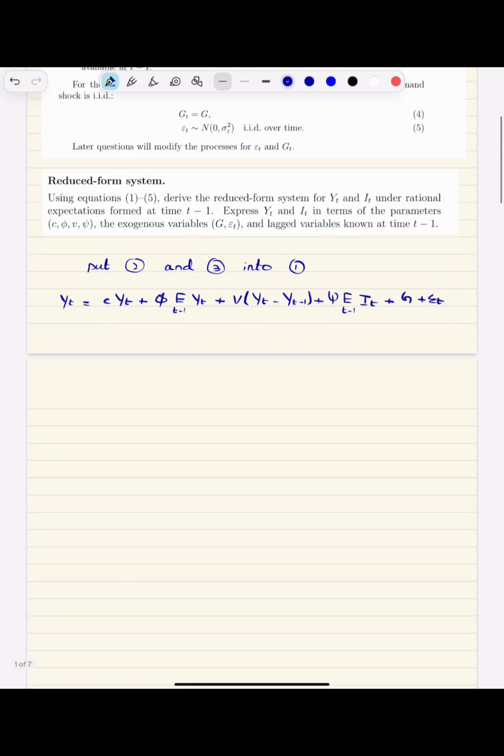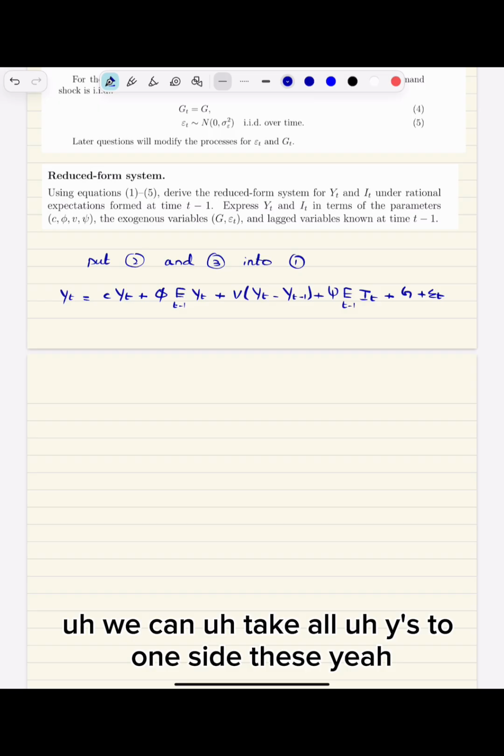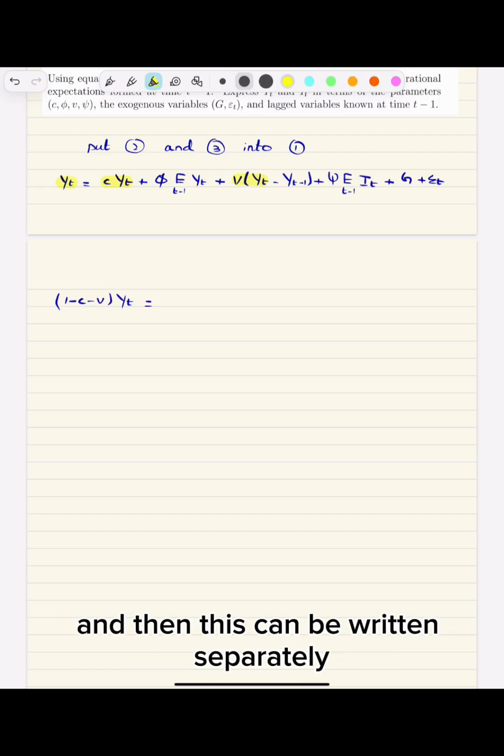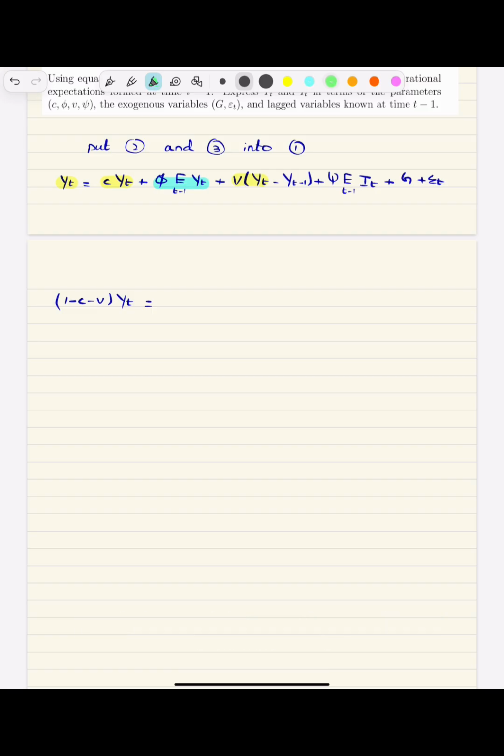Okay, from here we can take all Y's to one side. Let's do this: (1 minus c minus v) into Yt, and then this can be written separately.